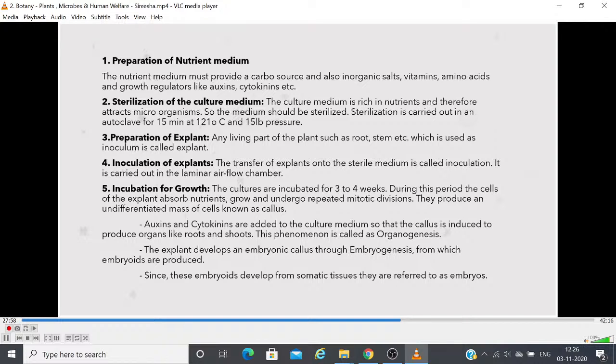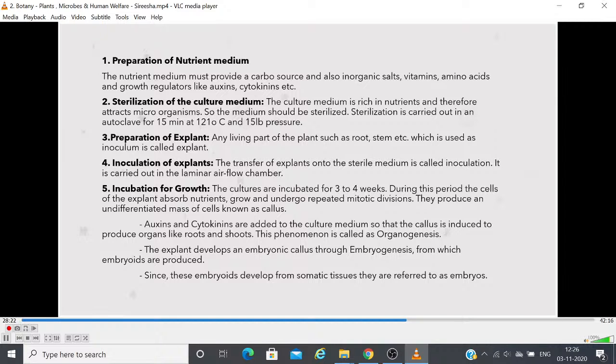The medium is very rich in nutrients, so microorganisms present in the atmosphere have a chance to grow in it, because all the minerals and vitamins are present there. The microbes can happily grow in that medium.